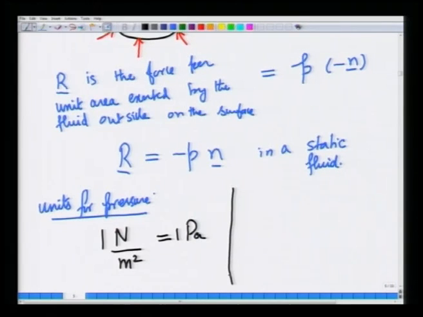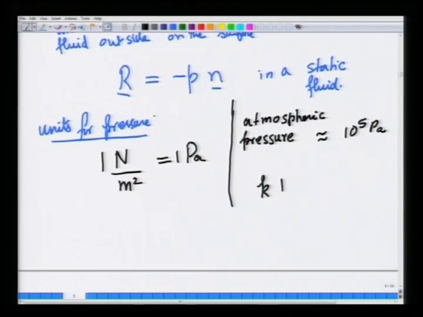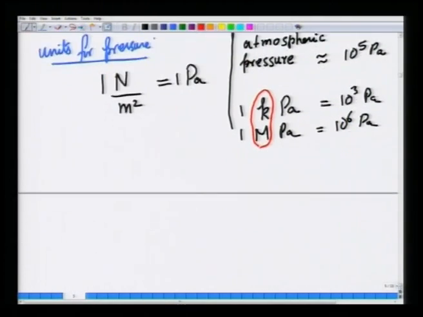But it turns out that the pressure that is experienced by us in the free atmosphere is called atmospheric pressure. So, the atmospheric pressure is approximately 10 to the 5 pascals, it is a large number. So, pressure is normally expressed not just in pascals, but also in kilopascals, megapascals. Kilopascal is 10 to the 3 pascal, 1 megapascal is 10 to the 6 pascal, and so on. So, you should be getting used to these prefixes to these units, which tell you multiples of thousands.